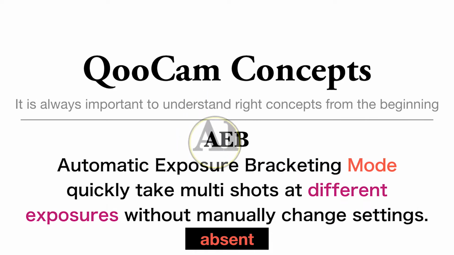AEB is another burst-style shooting mode, but during the burst you can change to different exposures without manually setting them. The camera will take care of it for you: -2, 0, +2, or whatever you want. You can set the exposure step. There are many advanced modes of automatic exposure bracketing, but this shooting mode is absent on QooCam at this moment.